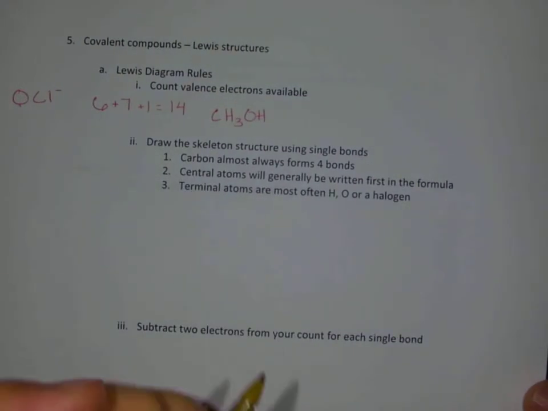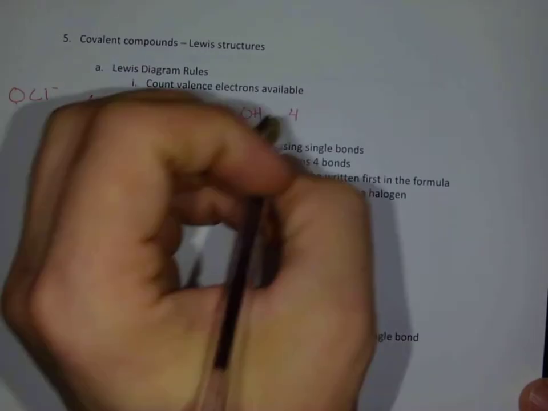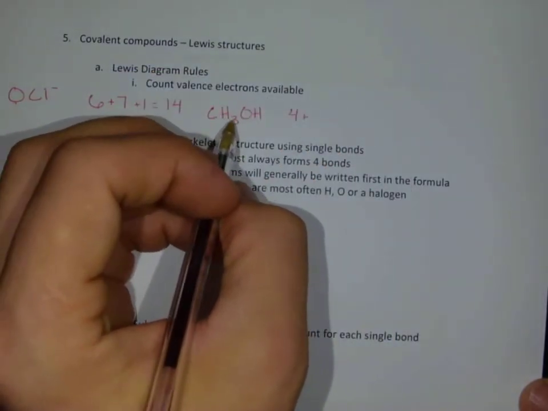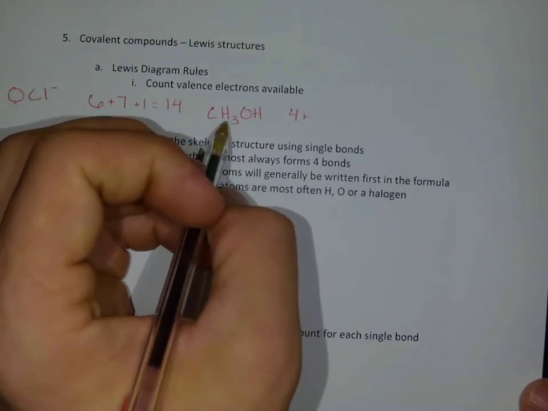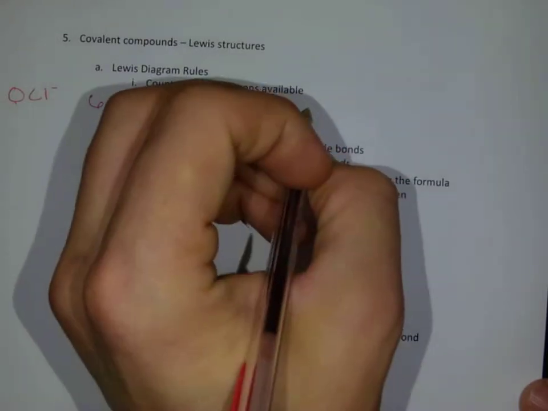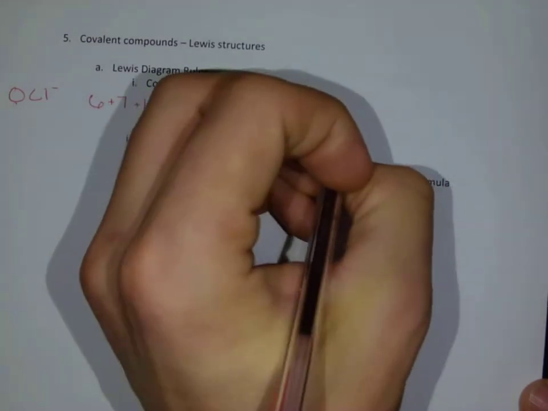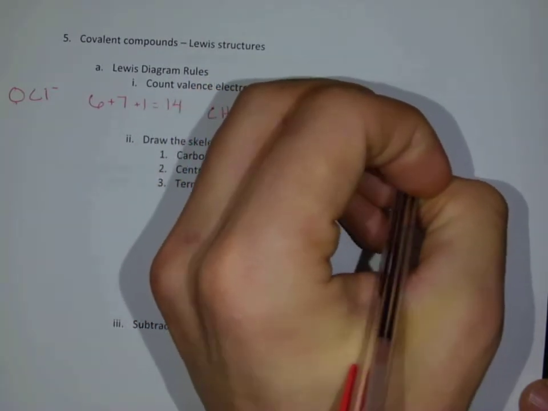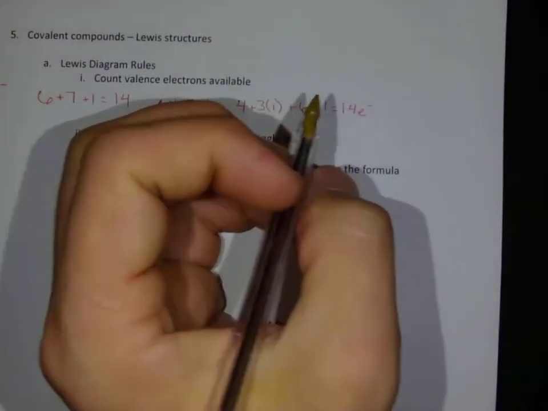If we start to count here, right, carbon is column 14, so 4 valence electrons, plus hydrogen is column 1, so there's 1 valence electron available from hydrogen, but we've got 3 of them, so we're going to do 3 times 1 here, plus oxygen is 6, plus 1 more for this other hydrogen, and that equals 14 electrons, okay?